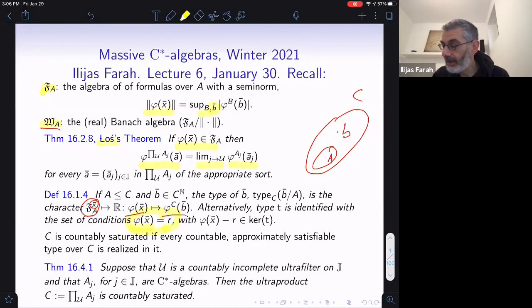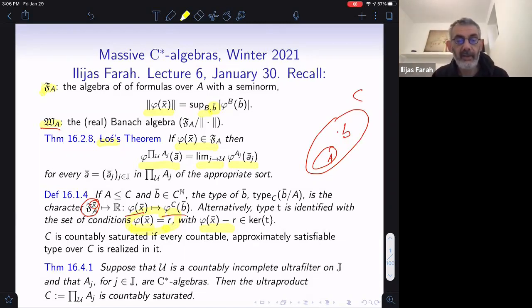Basically, conditions determine what the kernel of the character is. Phi of x bar minus r is in the kernel if phi of x bar is supposed to be r. And therefore, we have type as a set of conditions or type as a functional. Those are interchangeable.